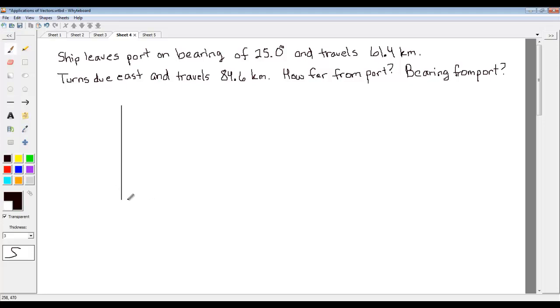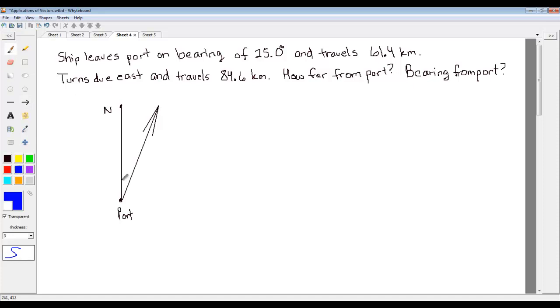So we've got port, we'll call it P, or port. And then up here, this is due north. And we're being told that the ship is leaving that port on a bearing of 25 degrees, and travels 61.4 kilometers. Alright, so we'll draw that to there.